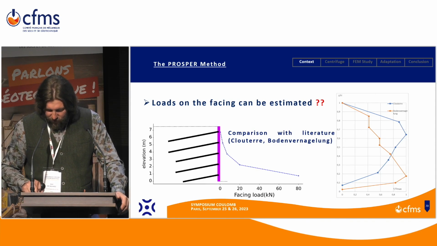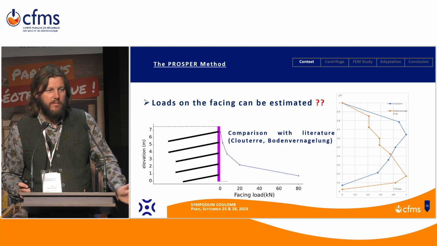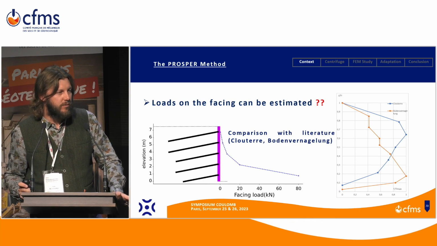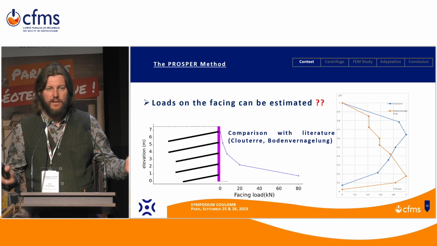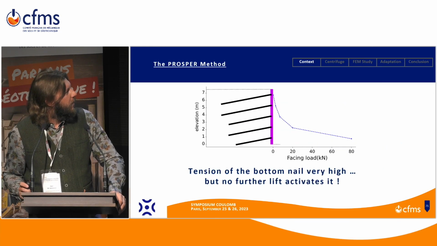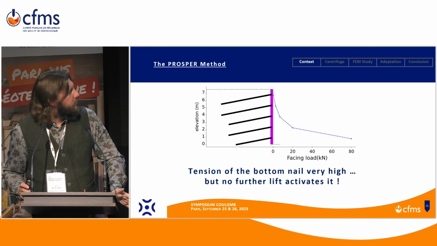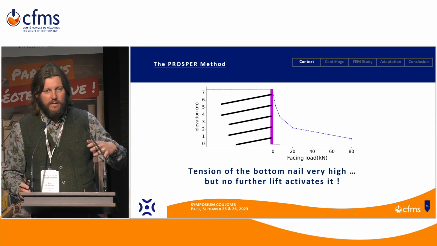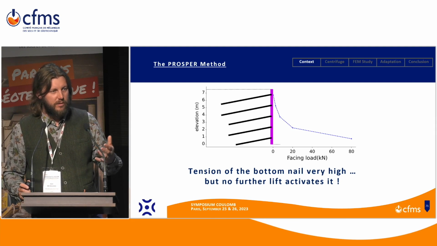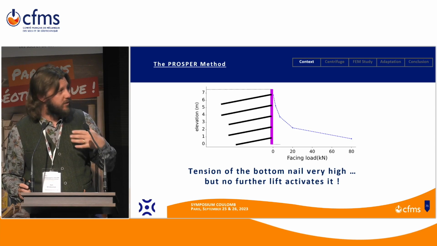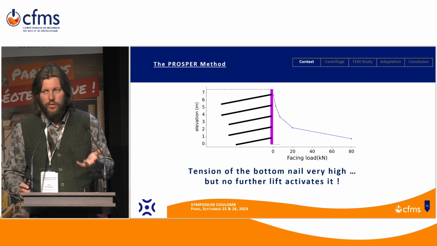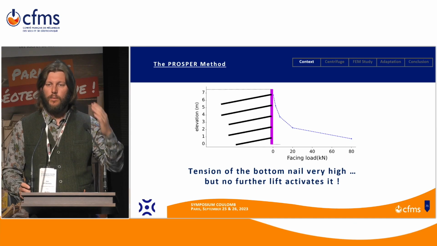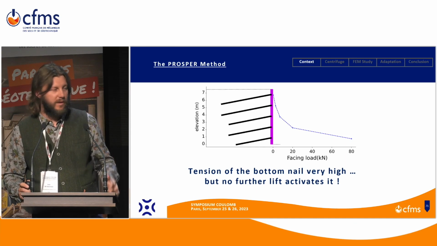And it was also not in accordance with the tension we measured in situ, even if we had high uncertainty in situ. So clearly the problem is we don't get the right shape of tensions, mainly because we don't take into account the differentiated mobilization of nails due to the phasing.